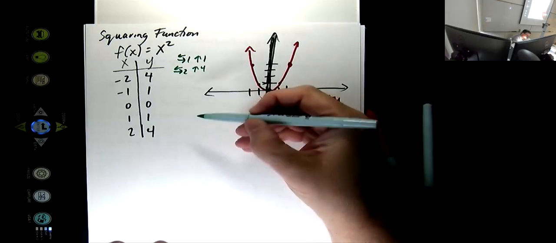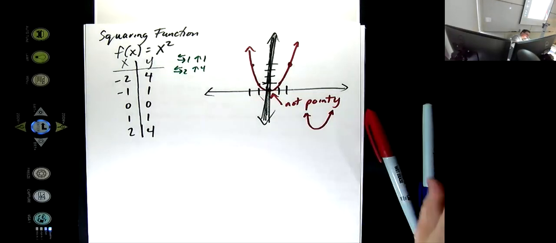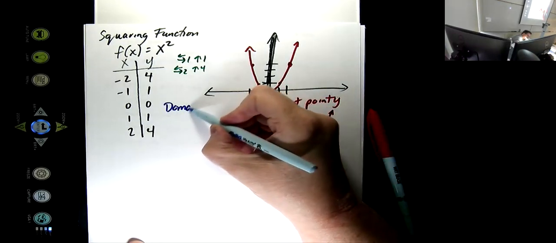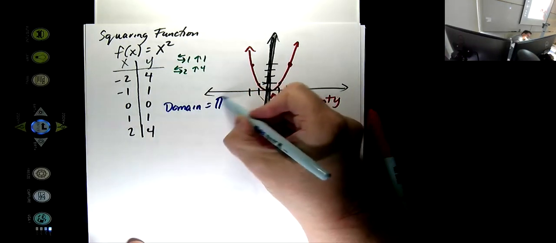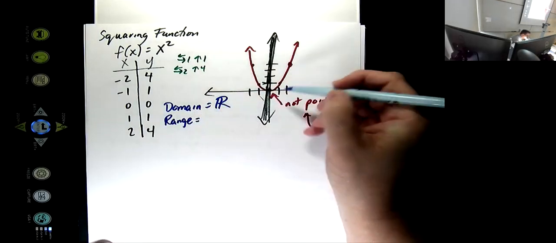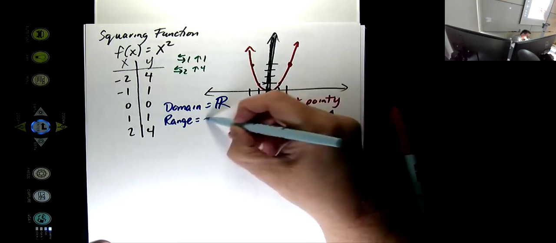The domain here is all real numbers. The range is restricted though. The lowest value is 0. So this is 0 in a bracket to infinity.